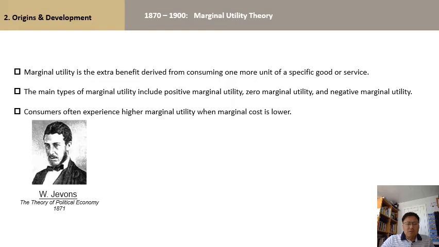Consumers often experience high marginal utility when marginal cost is lower. By this theory, people could compare the same attribute against a different volume or quantity. It's a big step forward. However, the measurability of utility was not solved yet.